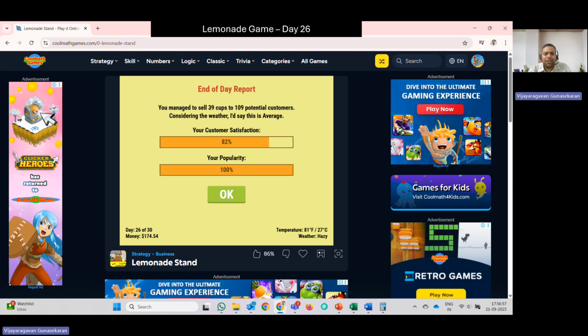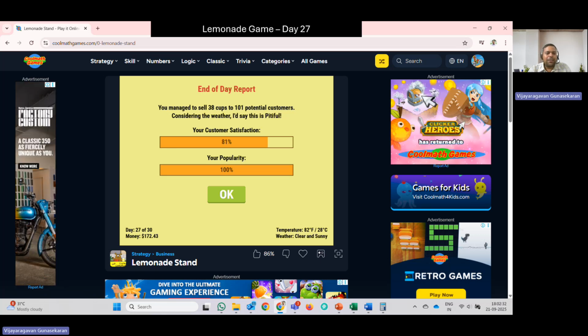So this was also a negative day for me in terms of inventory versus the inflow of cash into my cash on hand. But still, I was able to maintain a very good reserve price of $174.54.